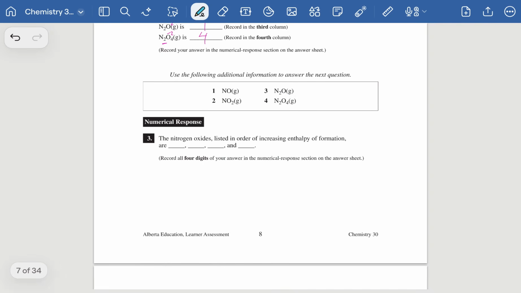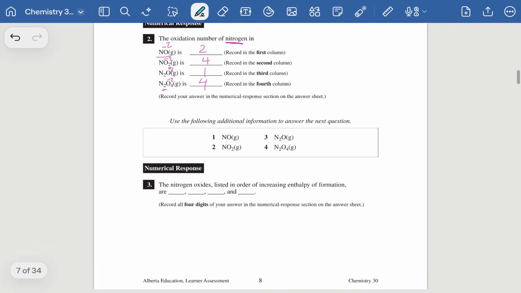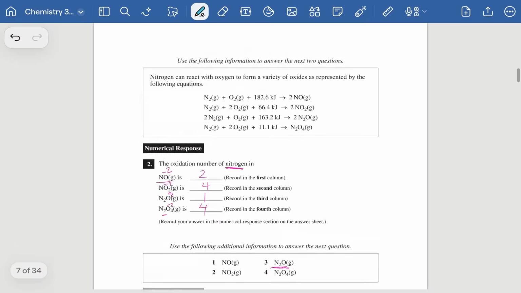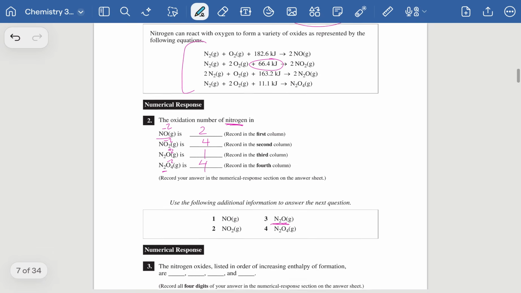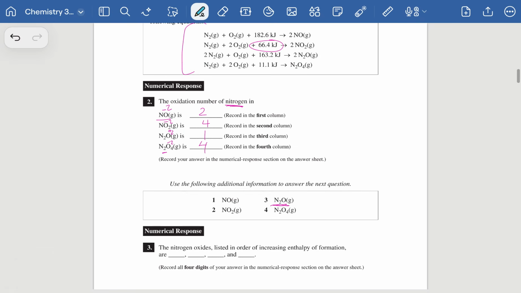Now this next one, I was stuck on for a second just because I couldn't find this in the data booklet. But if I read a little bit more carefully, it does say to use this information for the next two equations. So we are taking this value, that positive 66.4, to know the formation of NO2.